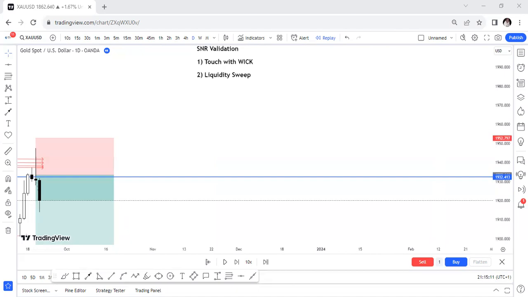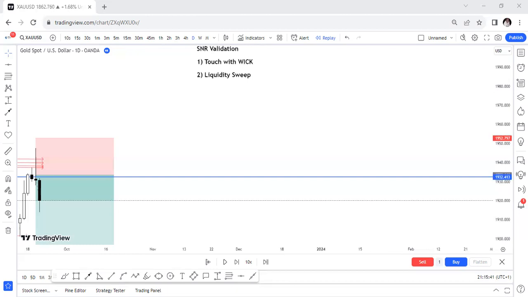Apart from the wick, we want to see more. We will not rest until we see enough clues that contribute to our decision, whether you want to buy or you want to sell. The Bible says when more than two witnesses are established, I'm trying to remember the Bible quote.